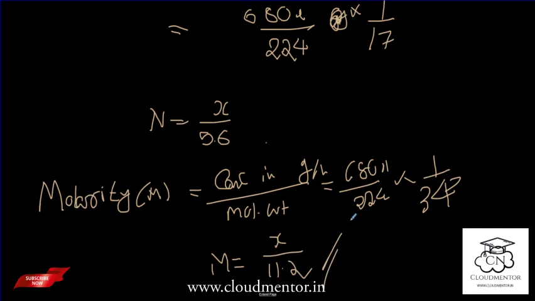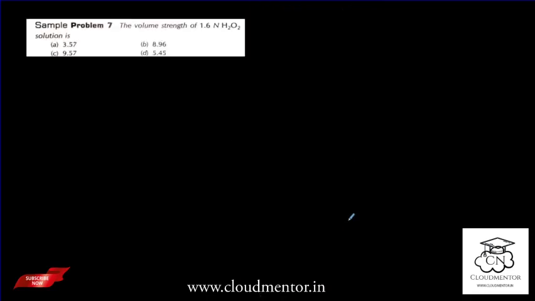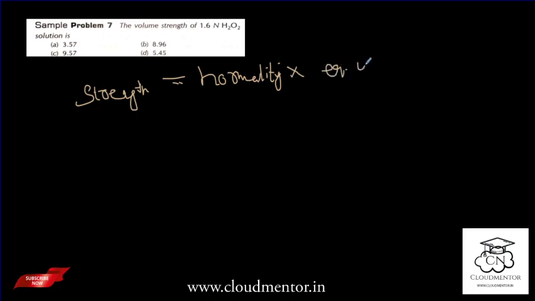Now let's look at some questions. The volume strength of 1.6 normal H2O2 solution is asked. Here the normality of H2O2 is given, so we can find the strength, that is the normality multiplied by the equivalent weight.